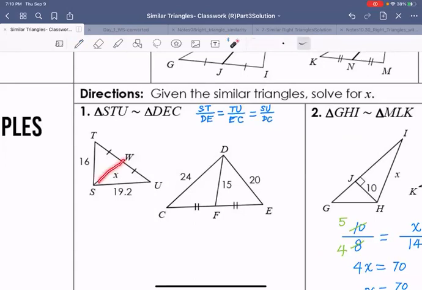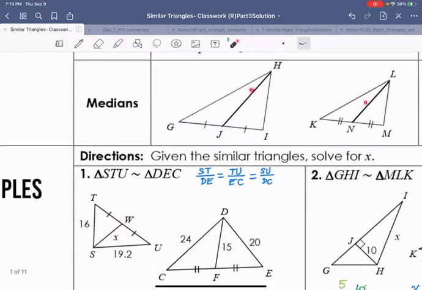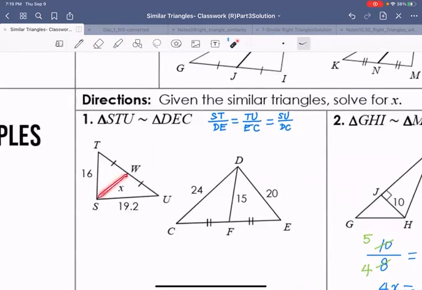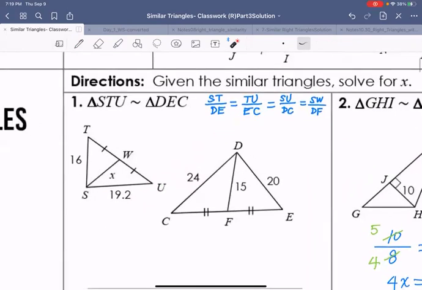Next, as we mentioned over here, you can also say it equals SW over DF, okay? And then let's plug them in. You want to choose which one?